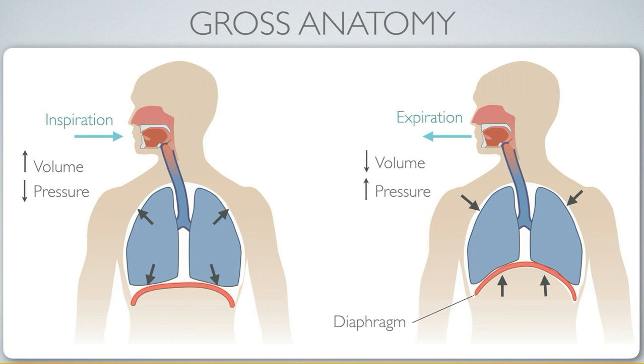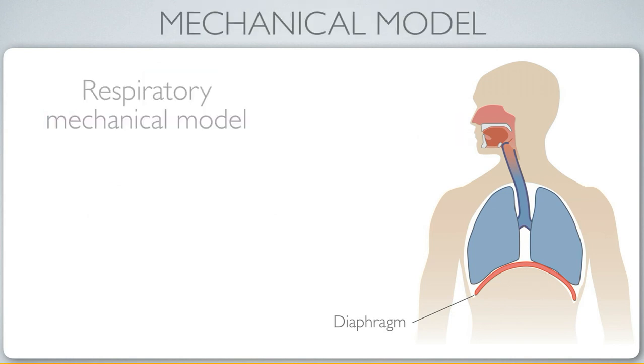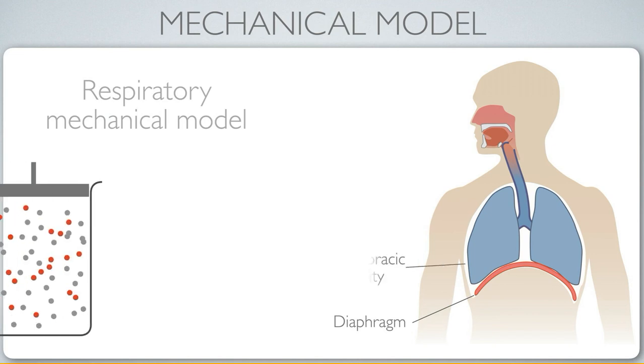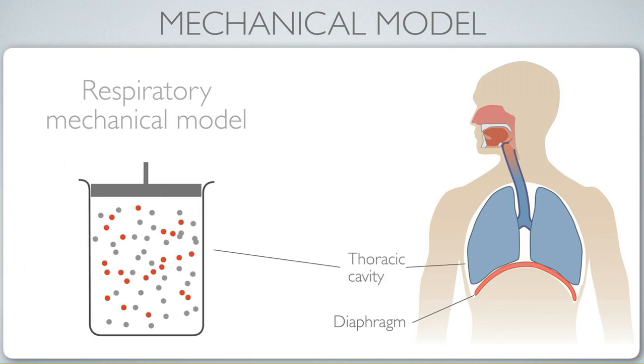So these changes in volume and pressure can be modeled using a physical analogy. So we have a respiratory mechanical model where we have essentially a beaker that's serving as our thoracic cavity in this model that can change in its internal volume with the plunger shown there in gray.